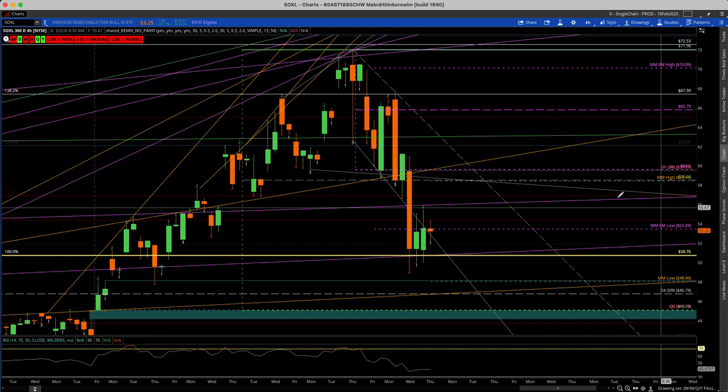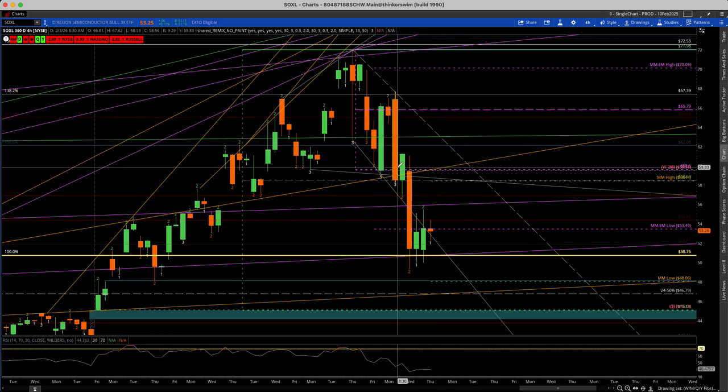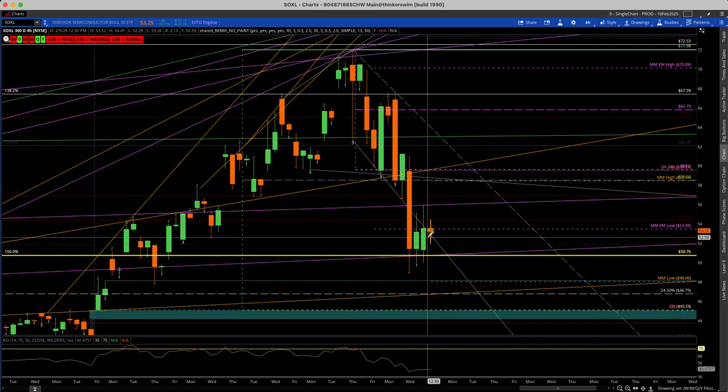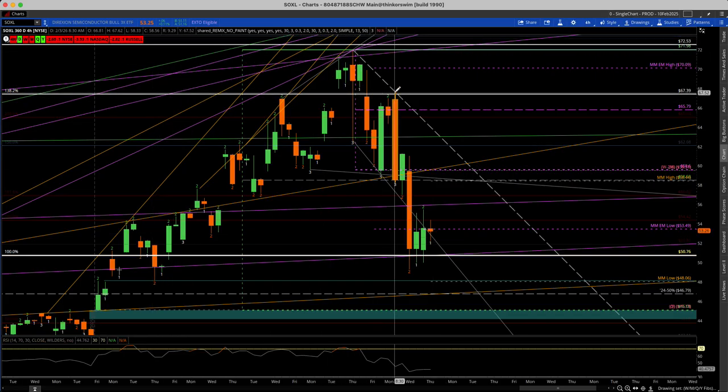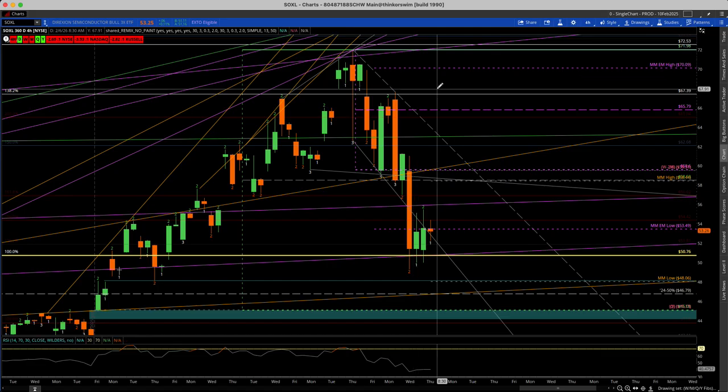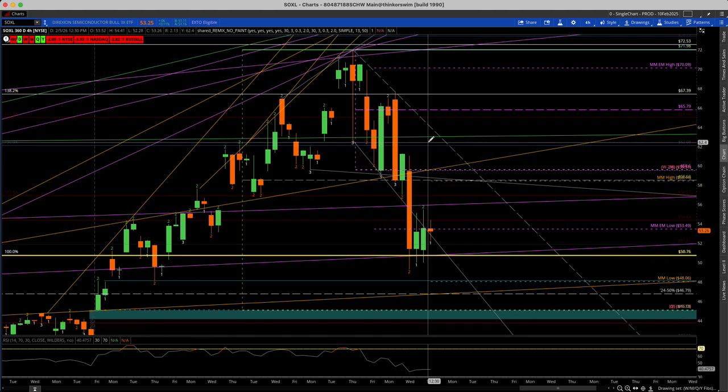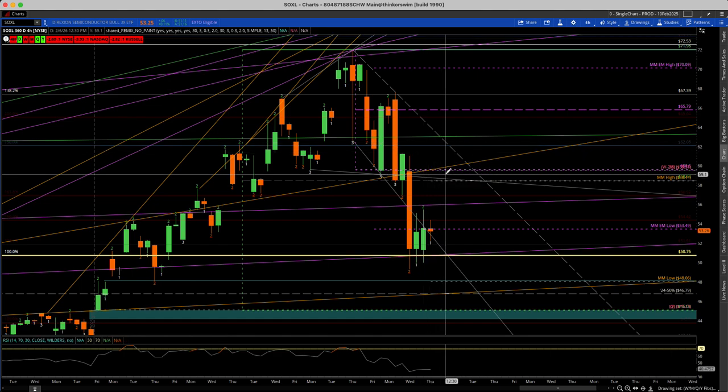Now my guess is at some point we're going to put in a lower high, right? We closed here at 53 and we'd have to get all the way up here to 67.62 to make a higher high. So again, the question isn't necessarily are we going to put in a lower high, but if we put in that lower high, are we then going to put in a higher low or a lower low, right?